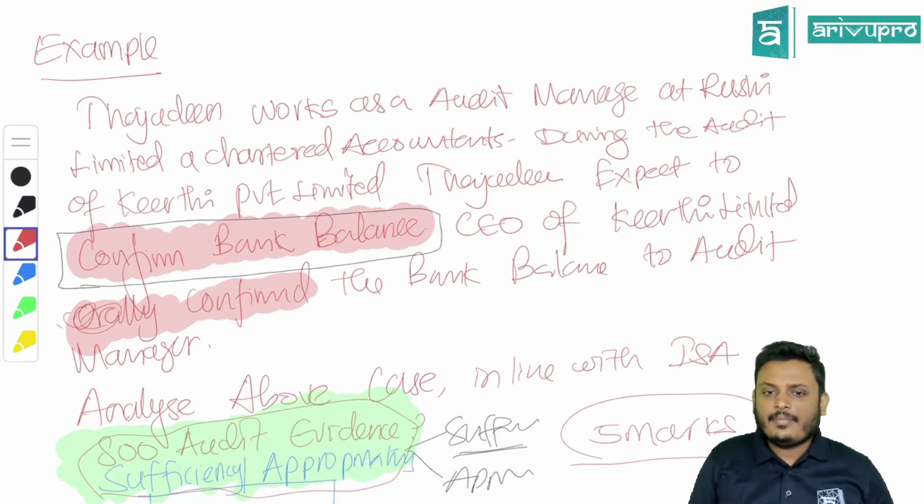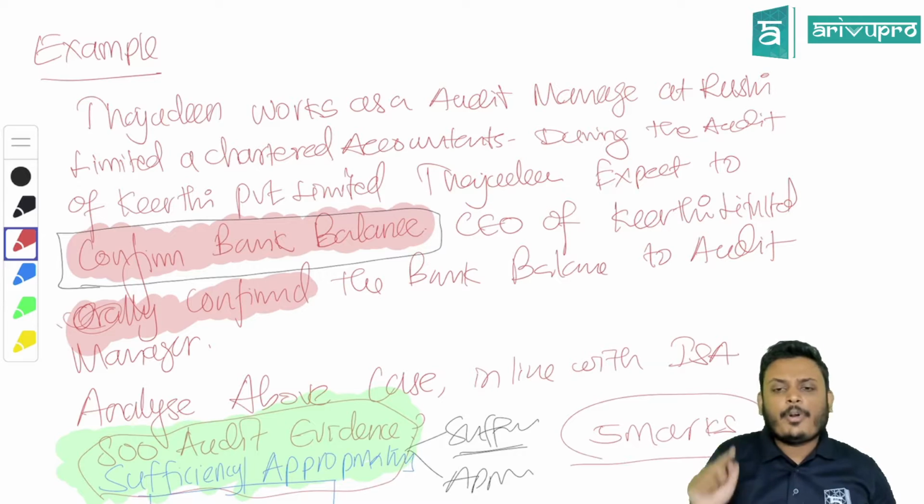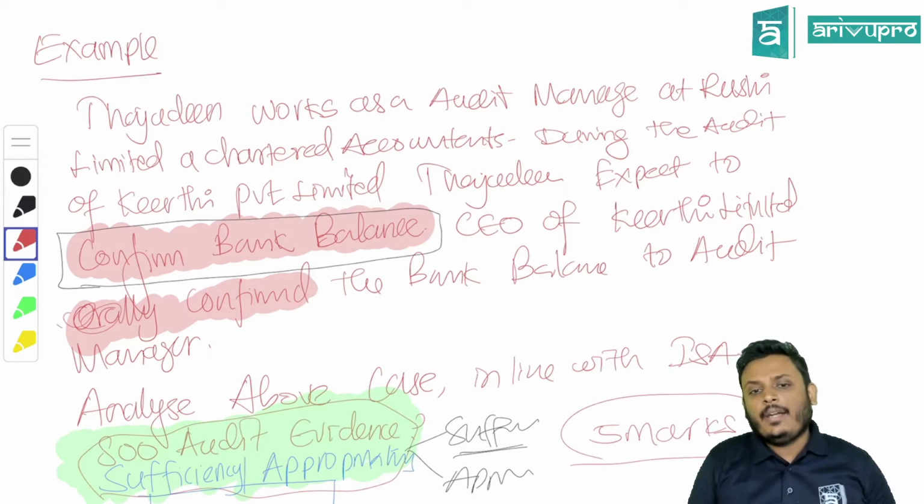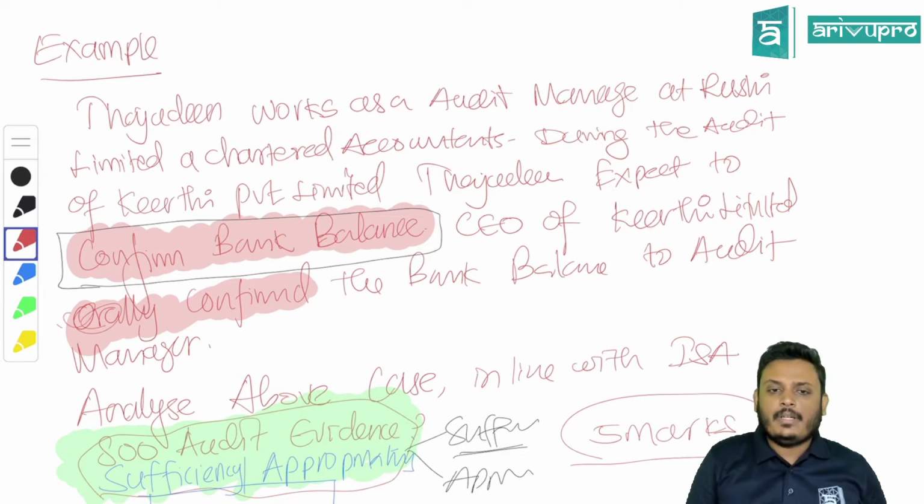But the problem is reliability. Oral confirmation is less reliable. So it is relevant, but not sufficient, not reliable. That is how you should structure your answer.